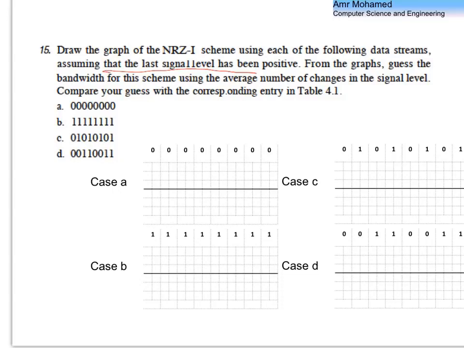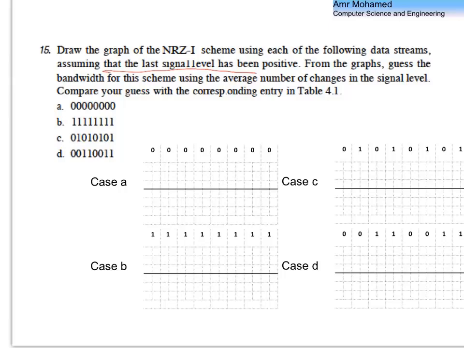So remember, for non-return to zero invert scheme, the second bit determines whether we toggle the level or not. If it's 0, we don't toggle. If it's 1, we toggle the level. So we can try that on the pattern all zeros.